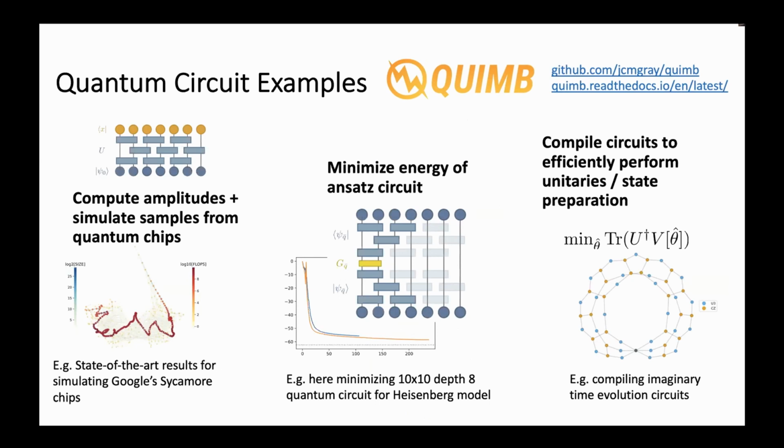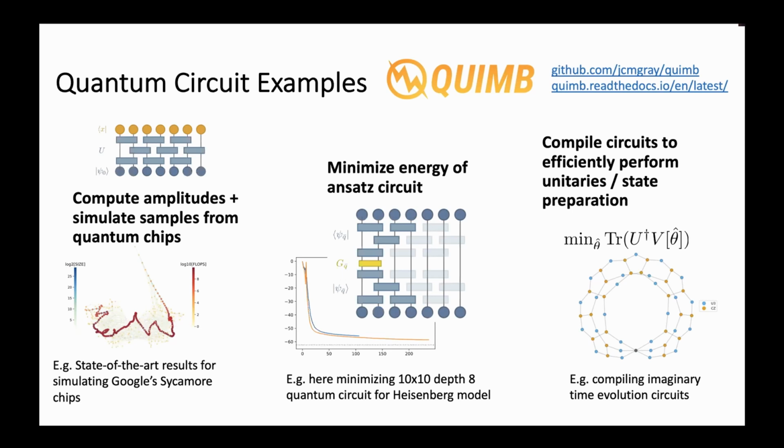So just to give a very brief flavor of that kind of thing, particularly related to quantum circuit examples. You can compute just single amplitudes or simulate sampling from a real quantum chip or circuit you have. And with Quimb and a few other packages, you can now recreate the state-of-the-art classical simulation of Google's Sycamore devices.